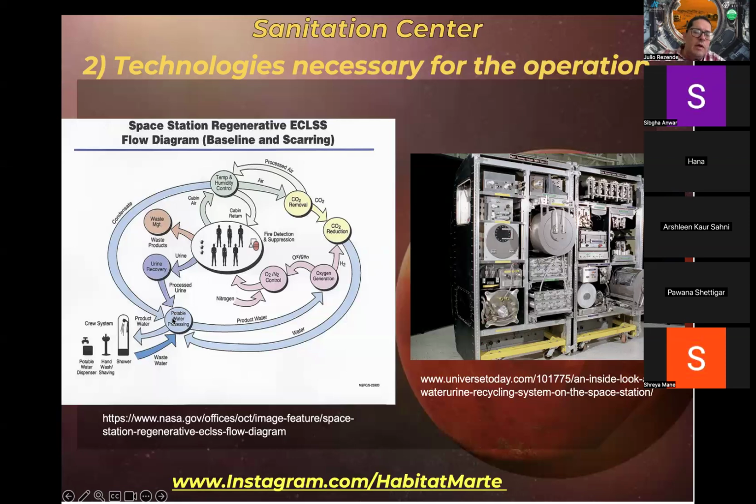The flow is a little small, but you can see the process of potable water processing, urine recovery, temperature control, carbon removal and carbon reduction, and other processes, and how this operates as a circular system to support the life of astronauts on the International Space Station.